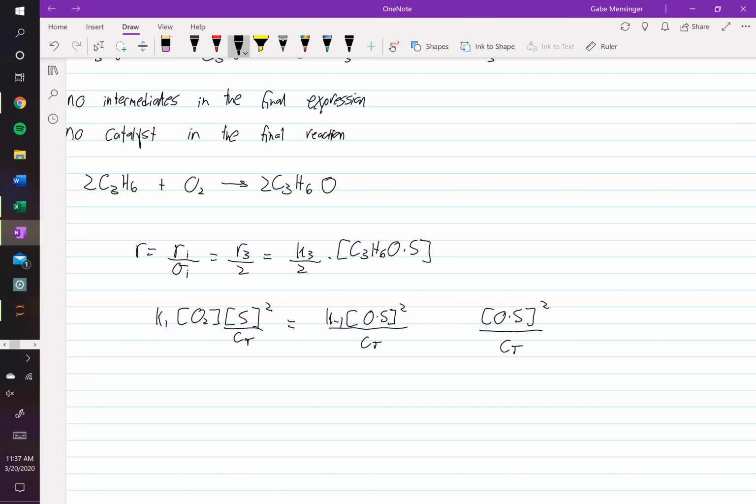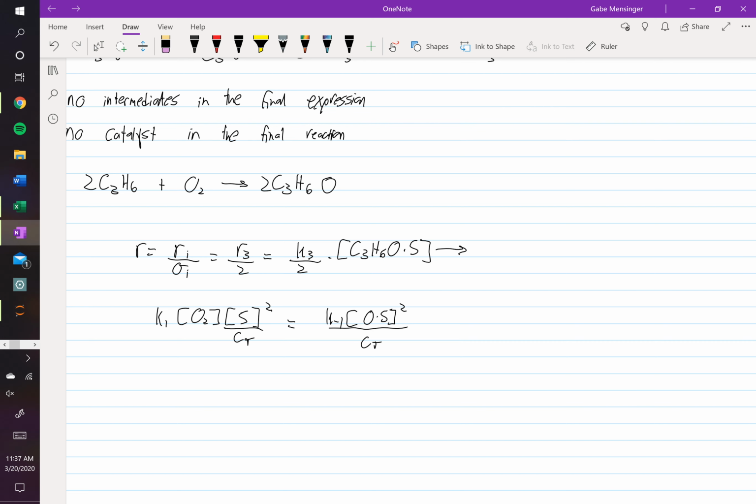If we look back up at the left side, our S species was to the power of 1, so we put CT to the power of 0, which essentially makes it disappear. CT would be squared if we had 3 surface species, and if we had 4 surface species in the numerator, CT would be cubed. But since we only have 2 surface species, CT will just be to the power of 1.